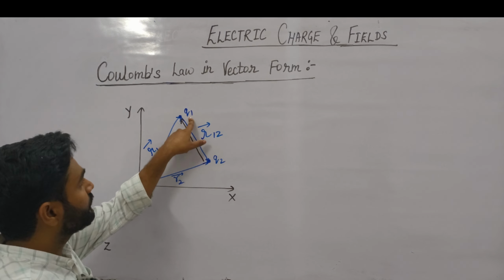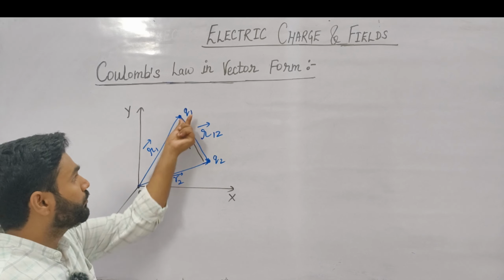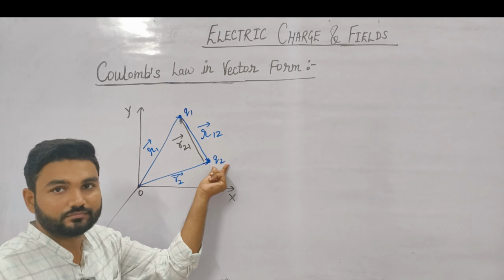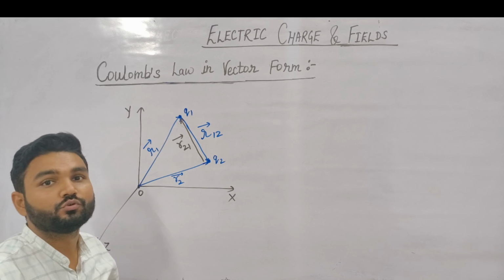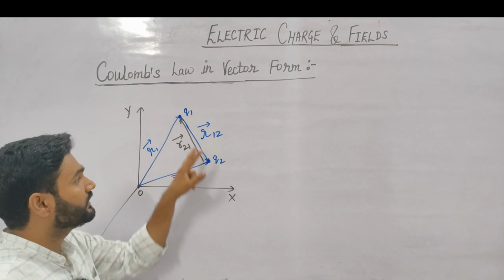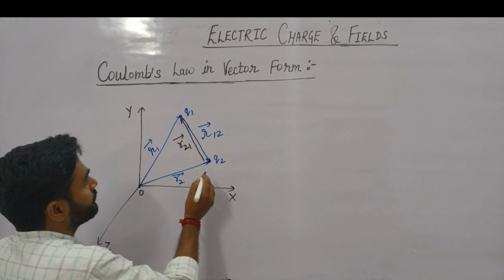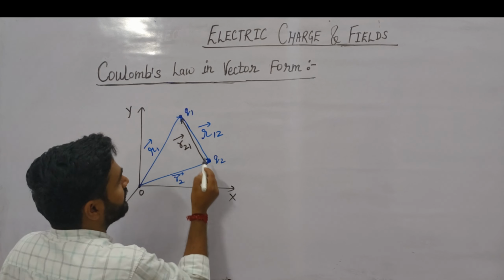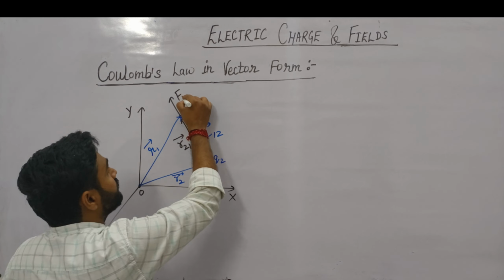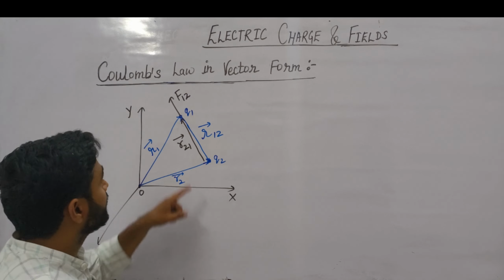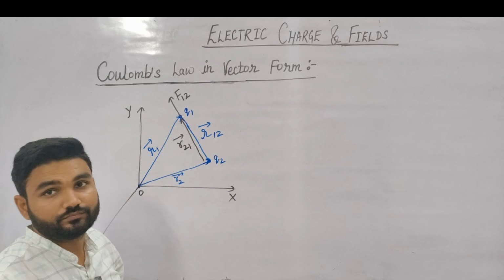Now here two charges q1 and q2 are both positive. So between the charges there is a force of repulsion because both the charges have the same sign. So the force on q1 due to charge q2 is F12 vector.